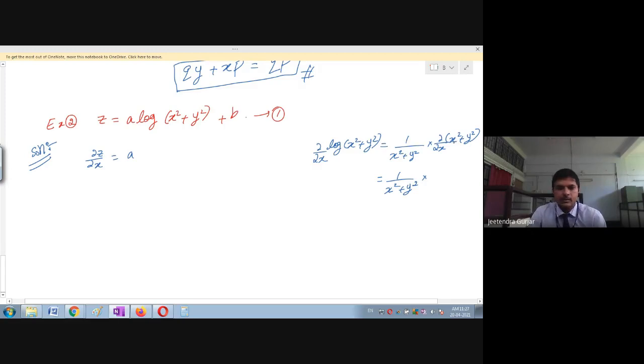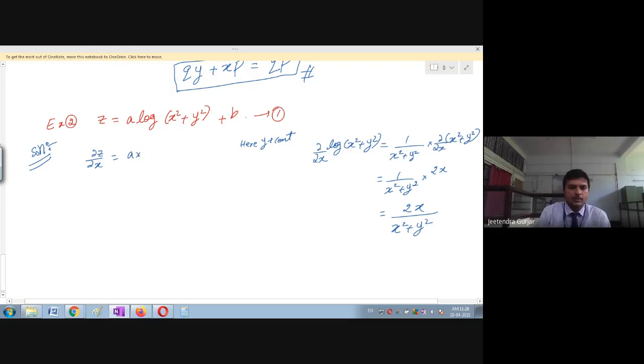X is again our dependent variable. Please remember here, y is constant. We are going to hold y as constant. Therefore, this is 2x plus 0. So now you can write 2x upon x square plus y square.